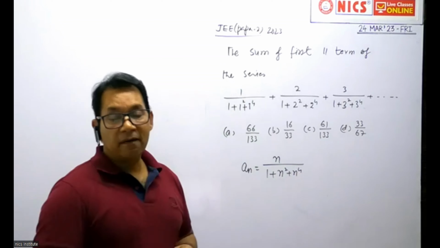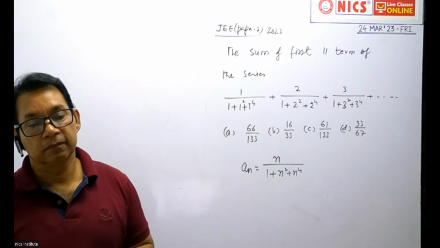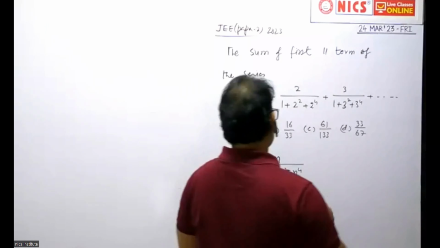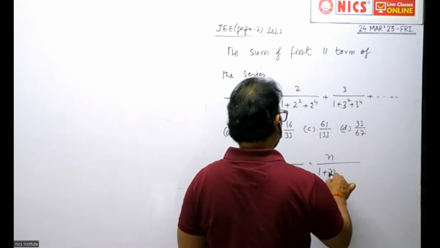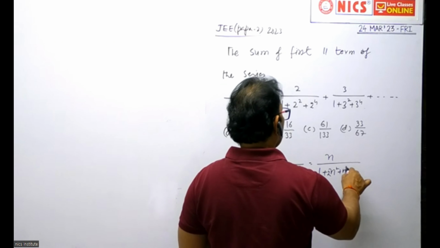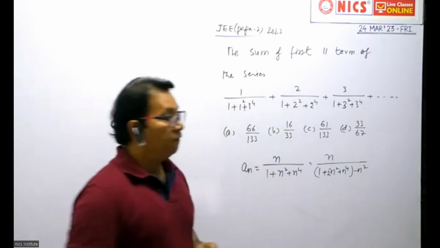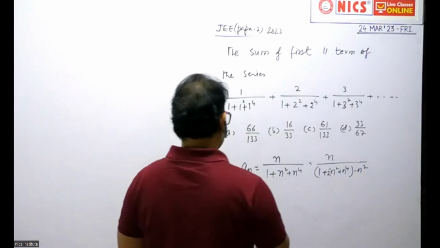And then, can we factorize the denominator? Think on those lines. Answer is yes. If we add n square and we subtract n square, we can factorize the denominator.